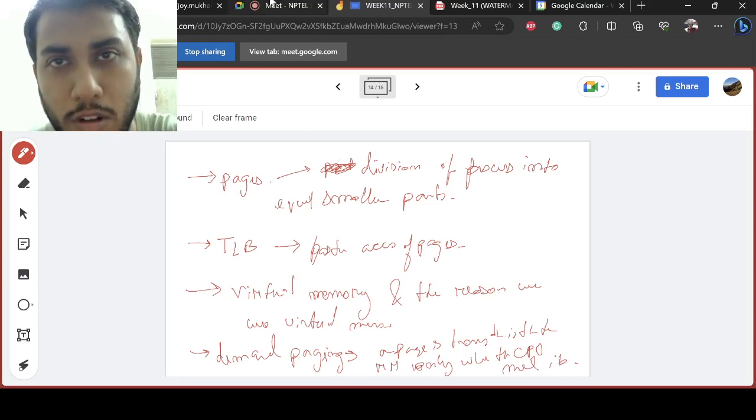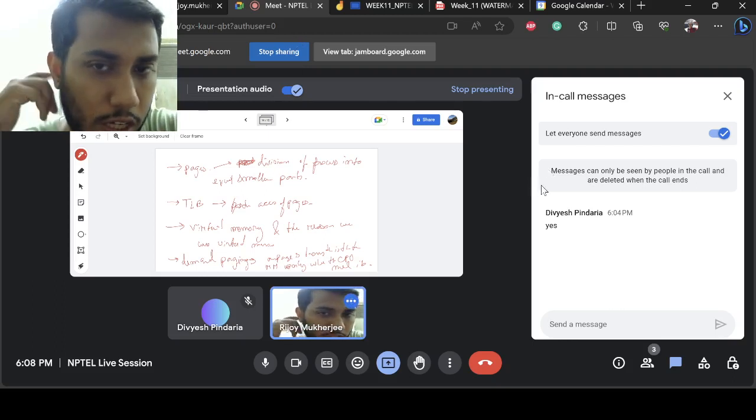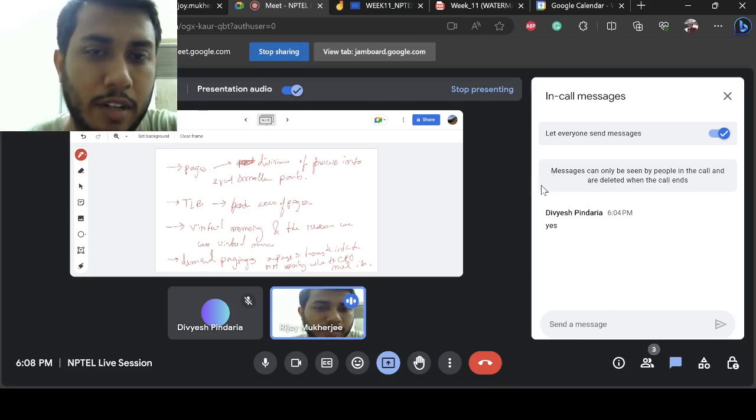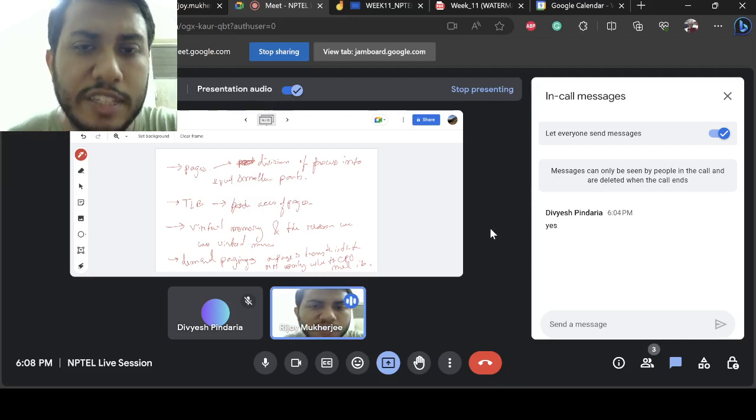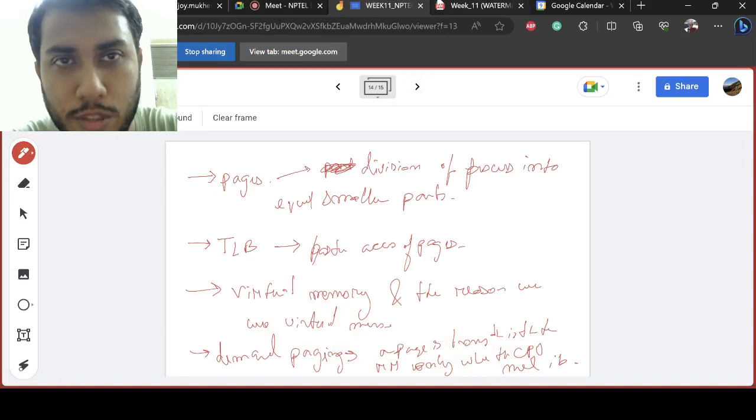Whenever you need a page, only then you bring the page into the main memory, else don't bring it. So these are the various concepts which have already been covered. So let's dive into this week's ones.